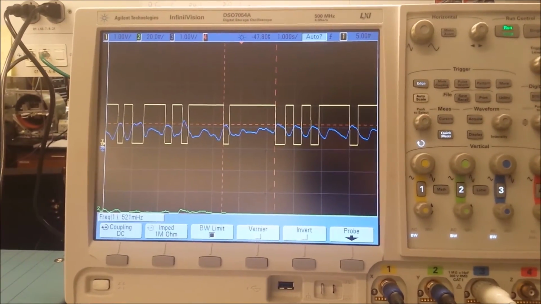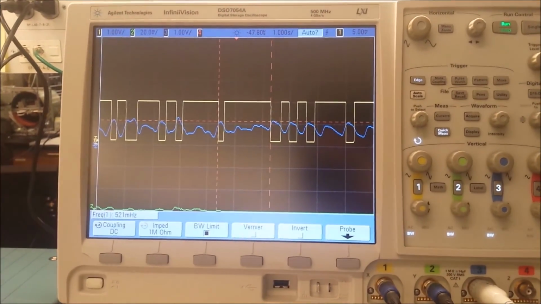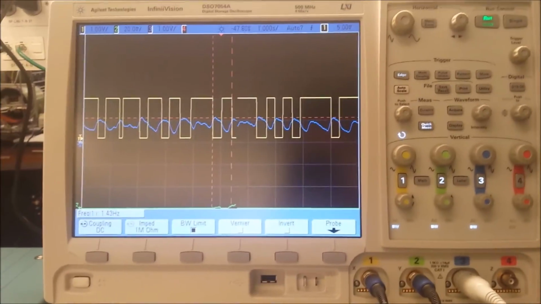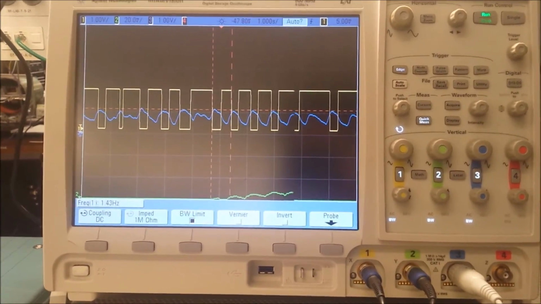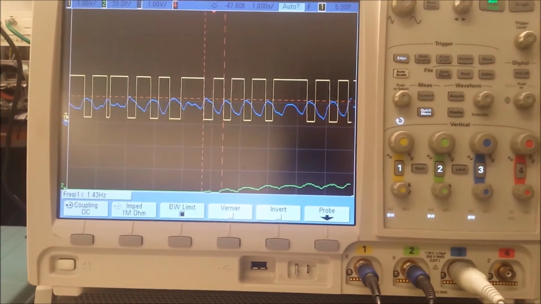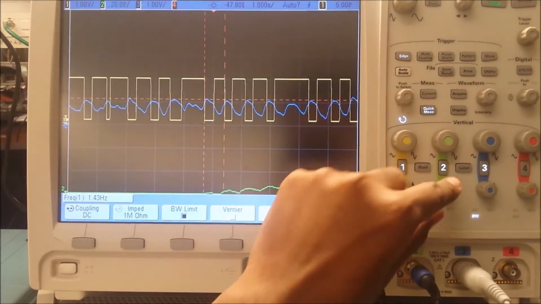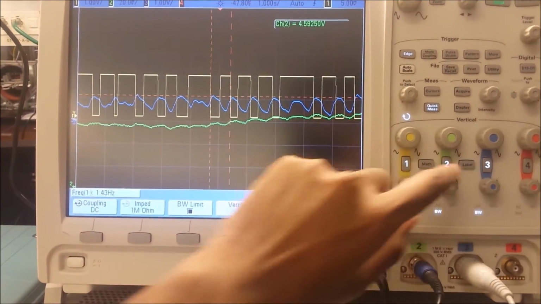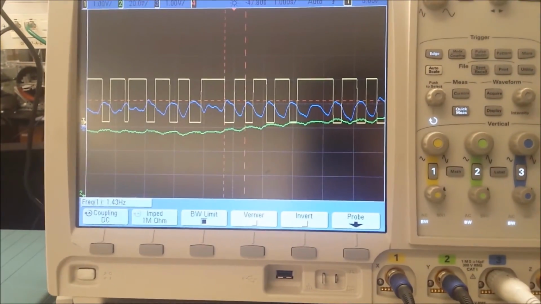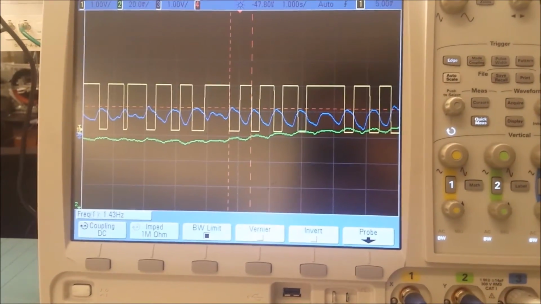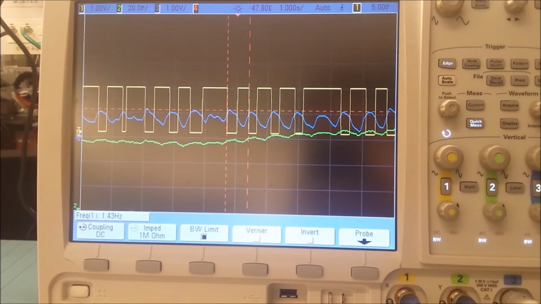The blue signal is the signal from the output of the filter chain. The yellow signal is the digitized output from the comparator, and the green signal, which is fairly weak, is the output from the PPG sensor.